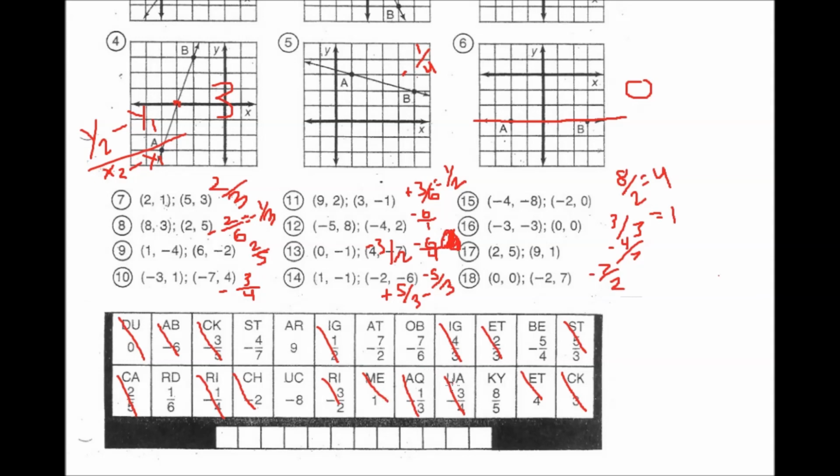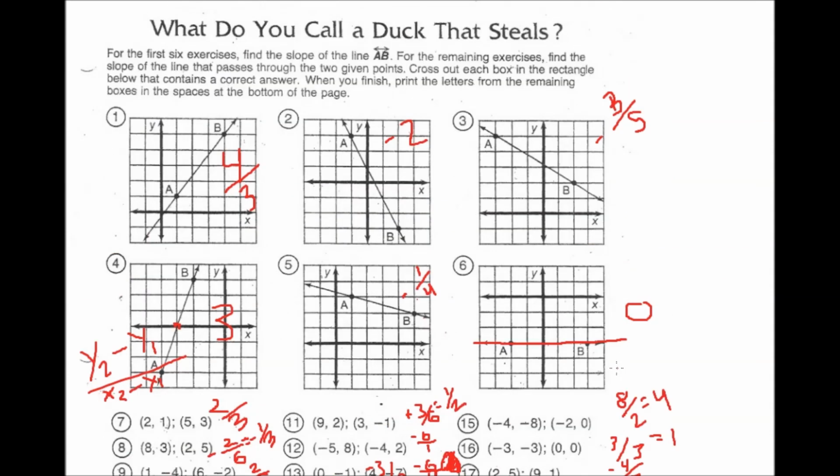Negative 4 over 7. Negative 7 over 2. So the answer is going to be A, R, O, B, B, E, R, D, U, C, K, Y. So the answer is going to be a robber ducky. And that's what you call a duck that steals.